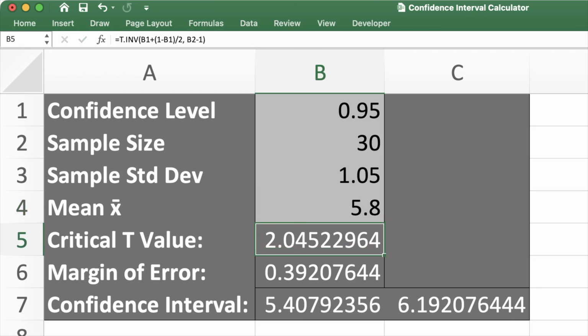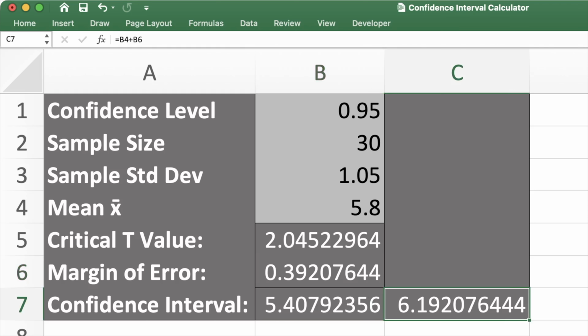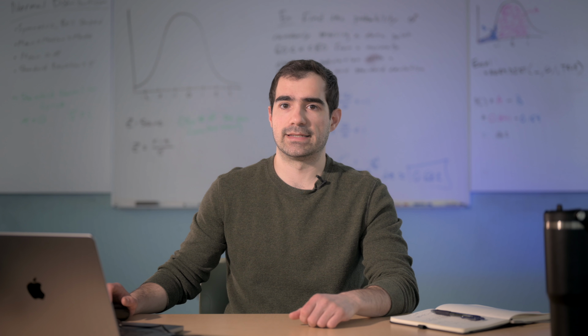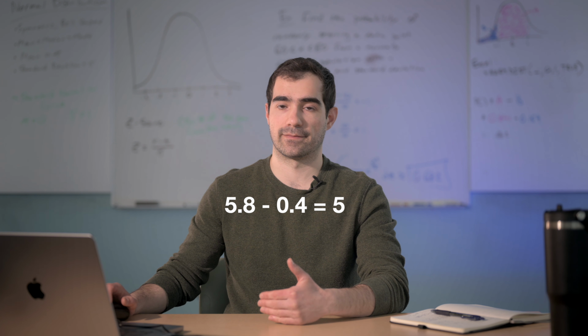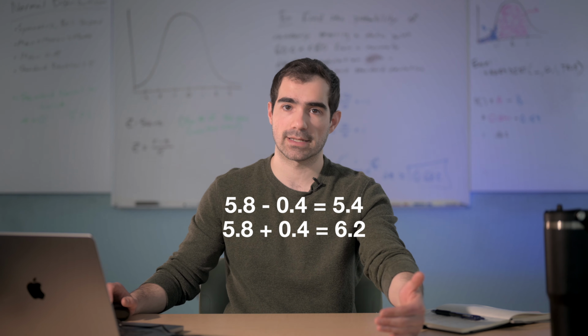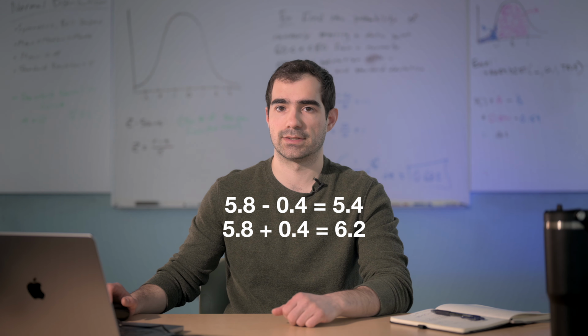This gives us a margin of error of about 0.4 hours if we round to one decimal place, and an interval of 5.4 to 6.2 hours. We can tie this back to our idea of estimate plus or minus the margin of error, because 5.8 minus 0.4 gives 5.4, and 5.8 plus 0.4 gives us 6.2.